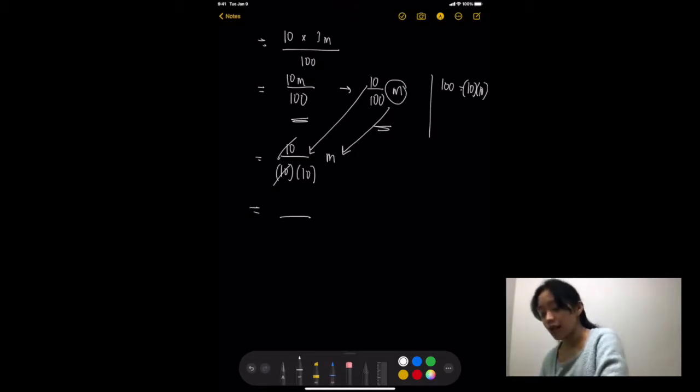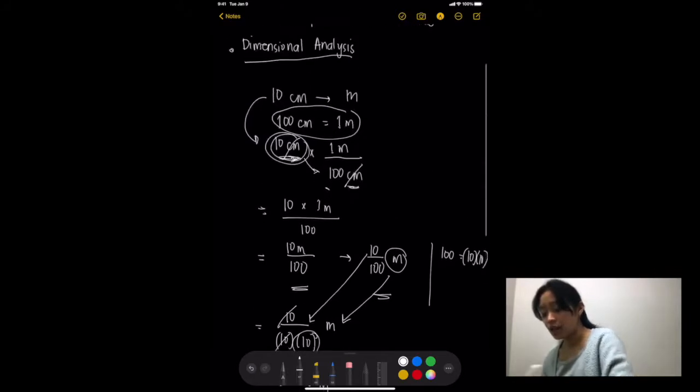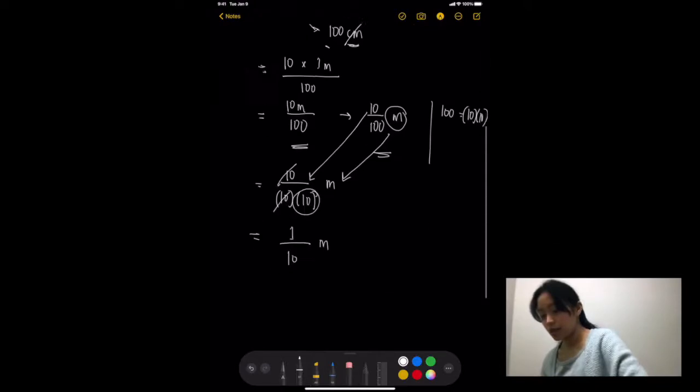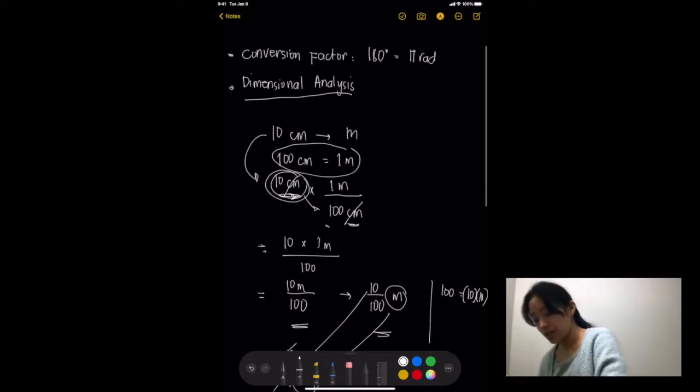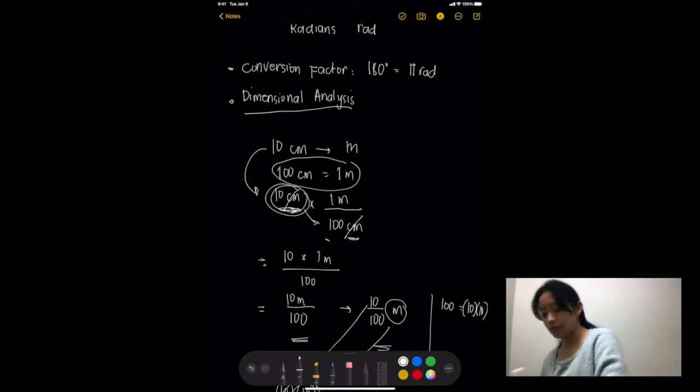I would be left with 10 over 10, and any number divided by itself is just 1. So I write 1 in the numerator, and what's left in the denominator is 10. My answer here would be 1/10 meter. So going back to the first line, we now know that 10 centimeters equals 1/10 meter.